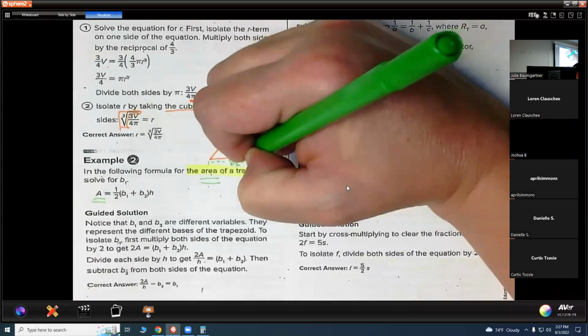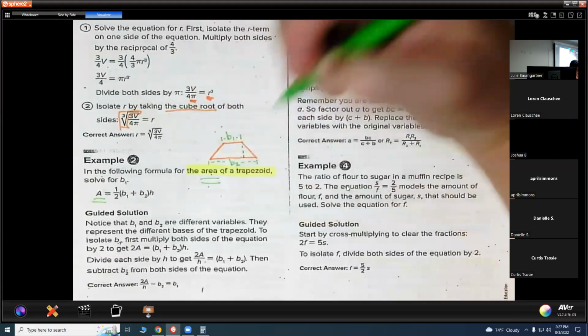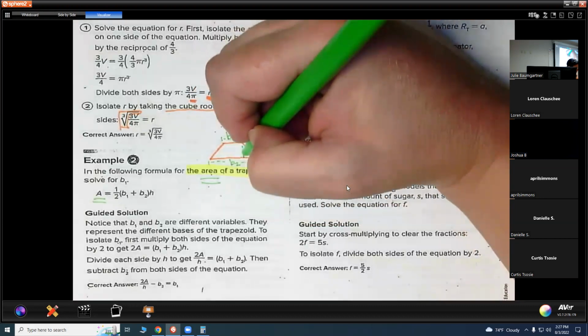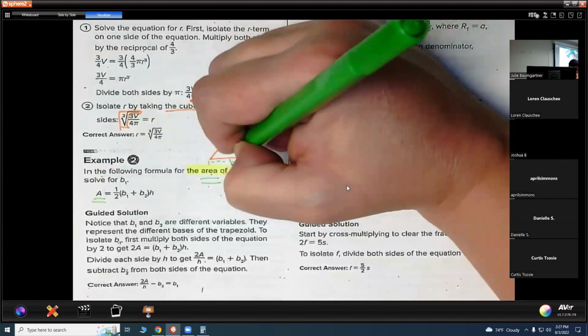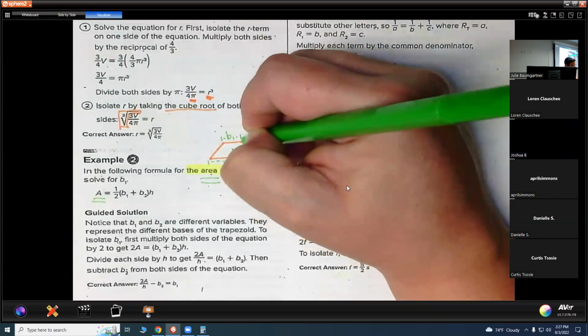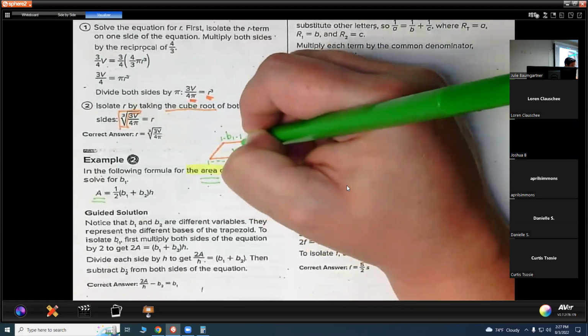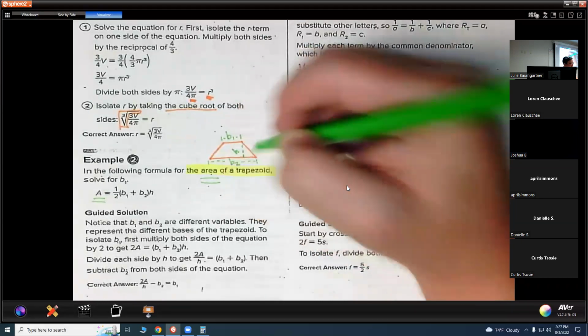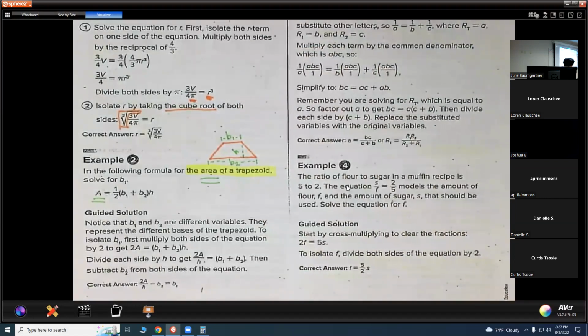We have to imagine a line coming straight down, forming a 90-degree angle here, and that's the height. So it's from the top of base 1 down to base 2 that is the height, okay?